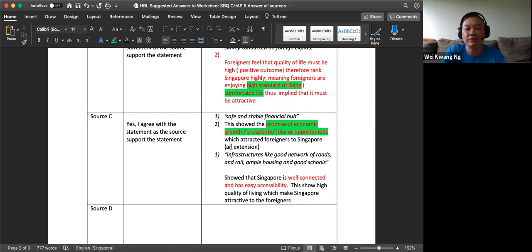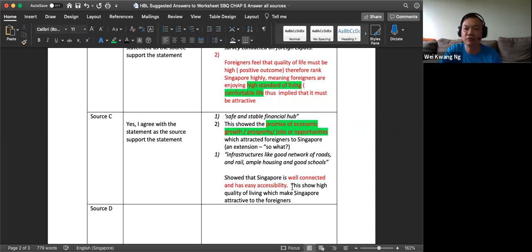And this extension I'm referring to is usually to answer the question called, so what? So what if I have a safe and stable financial hub? So what if I have a good network of roads? So what if I have good schools? In fact, if you pick this evidence, some of you may have already thought, hey Mr., can I write that good schools will attract people with young children to come here to utilize the education system?